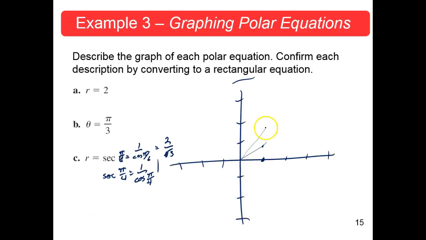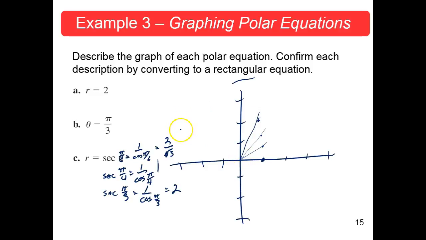And now we're about here. Then let's do secant of pi thirds, which is 1 over cosine pi thirds, and that would be a 2. So when you're up here, you're around a 2.